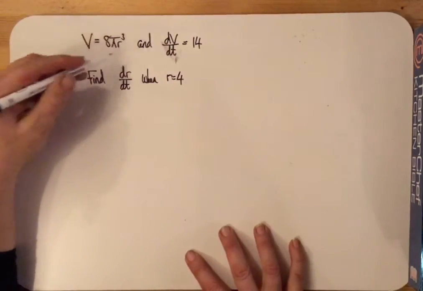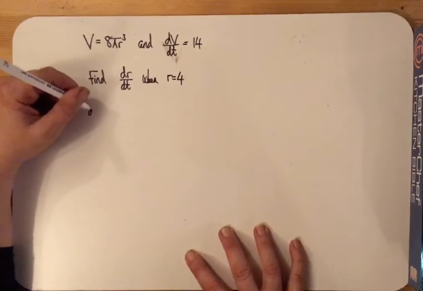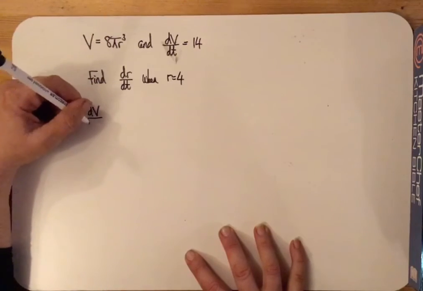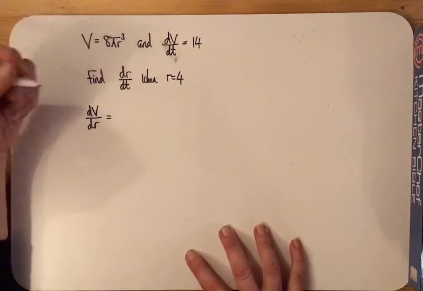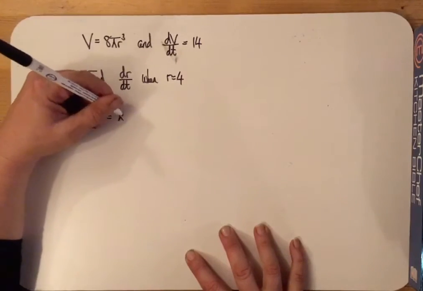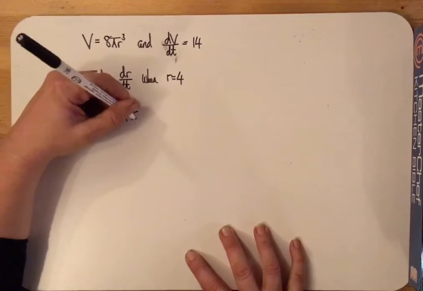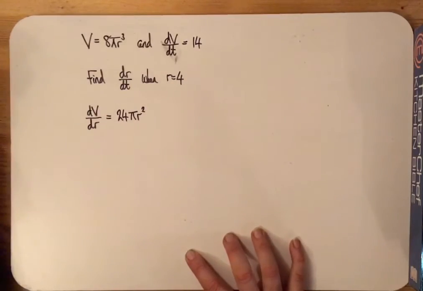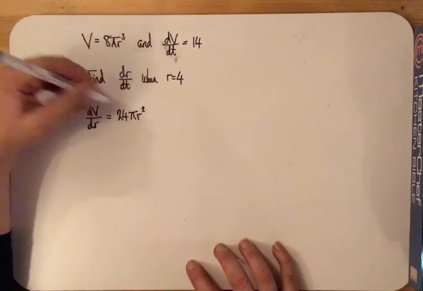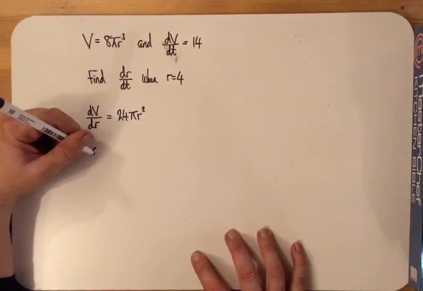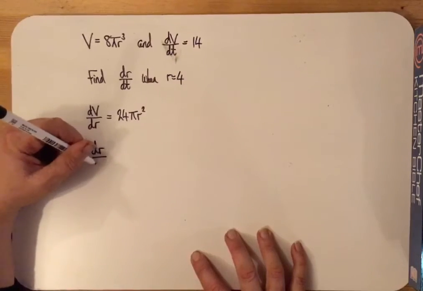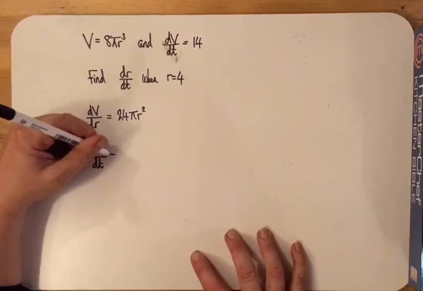So I'm going to differentiate the volume with respect to r, because that's the variable it's defined by. So that gives me 24 pi r squared. And I want dr/dt.